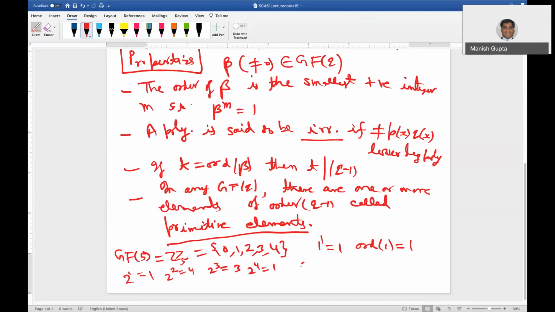So the order of 2 is 4. Similarly, the order of 3 is also 4, and the order of 4 is 2. So 2 and 3 are primitive elements.